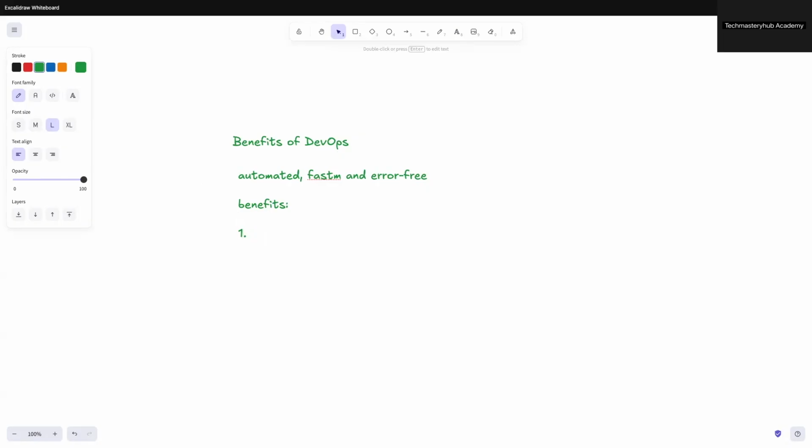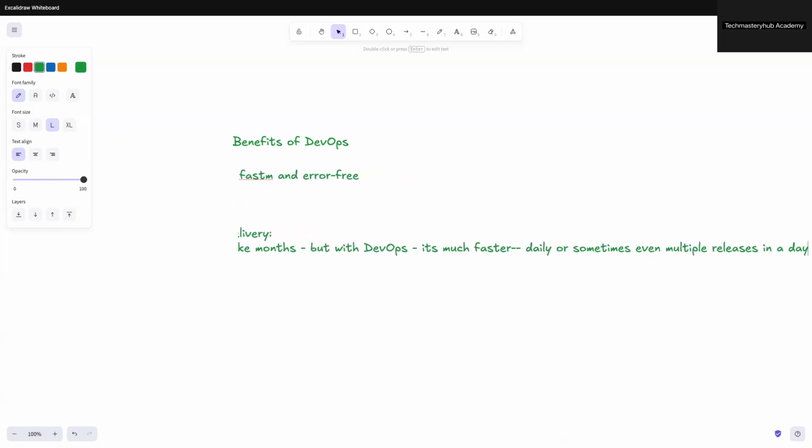So benefits. One is faster delivery. The first and most important benefit is faster delivery. Earlier, software releases used to take months. But with DevOps, it's much faster. Daily or sometimes even multiple releases in a day.